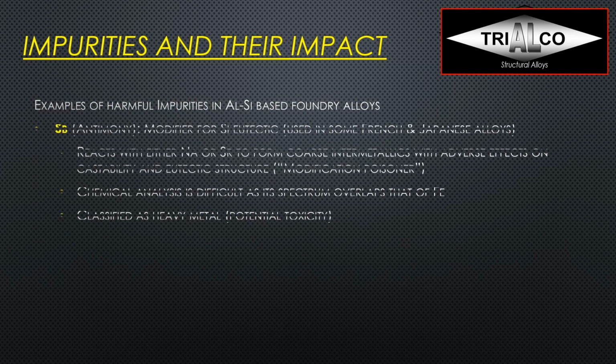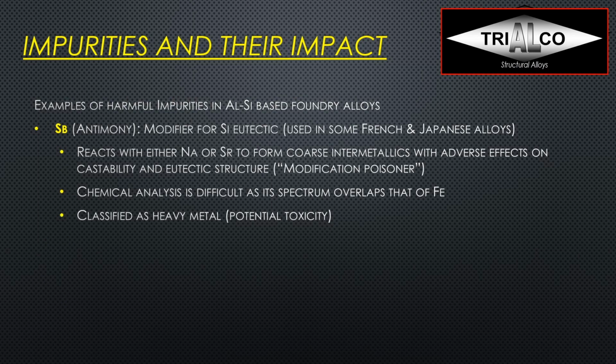Other examples, antimony, and this would be another nice modifier for the silicon eutectic, and it doesn't fade, so that's why it has been used, or was used in the past mainly, in certain French and Japanese alloys, even in some wheels that we can still find in the North American market, so you better want to separate them out.